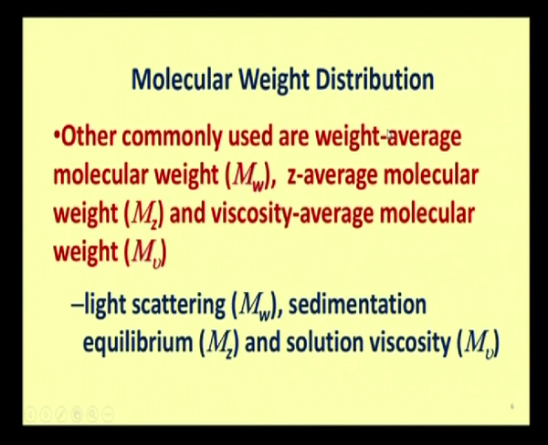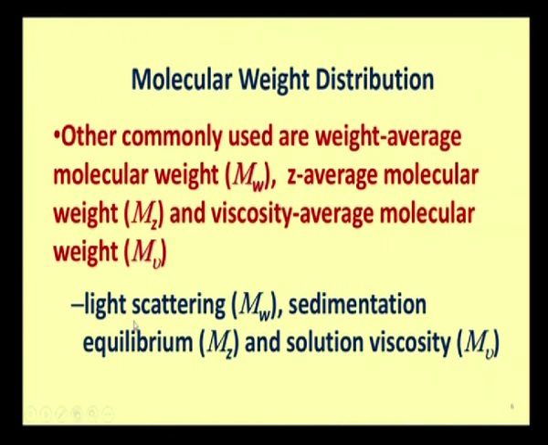Other types of molecular weight that are available for polymers are the weight average molecular weight represented by MW, Z average molecular weight MZ, and viscosity average molecular weight MV. These different types of molecular weights can also be determined by various methods. The light scattering method is suitable to determine the weight average molecular weight.